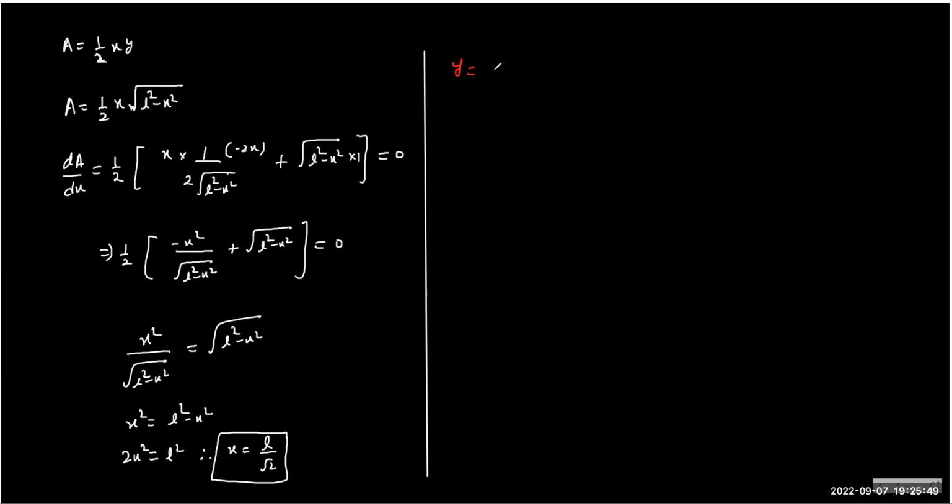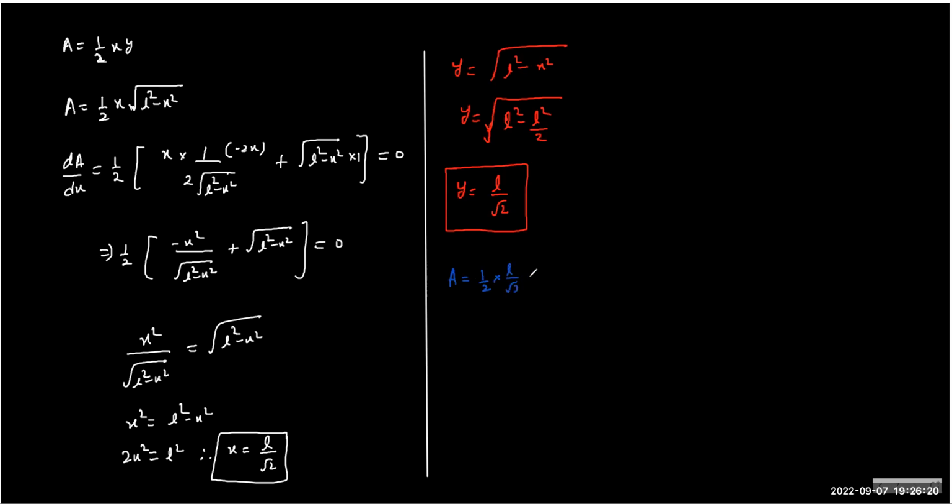The y will be also L by root 2. So now the area is half into base into height. And the answer is L square by 4, the right answer.